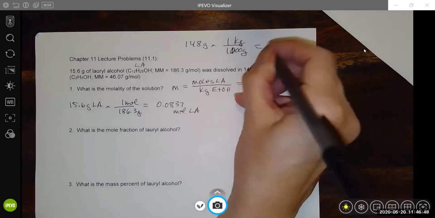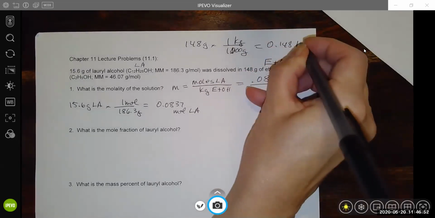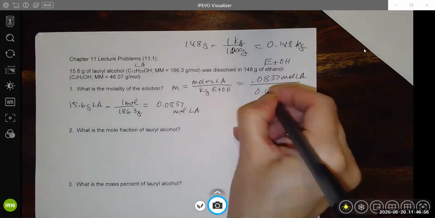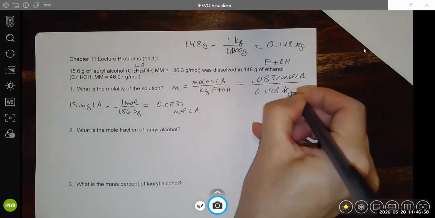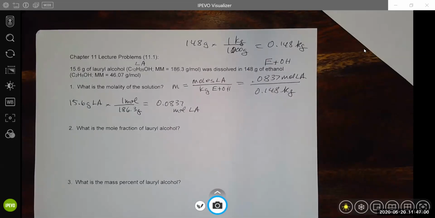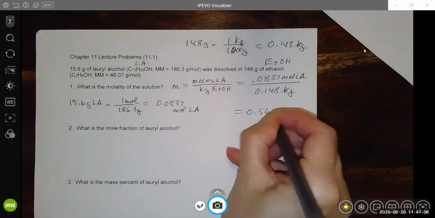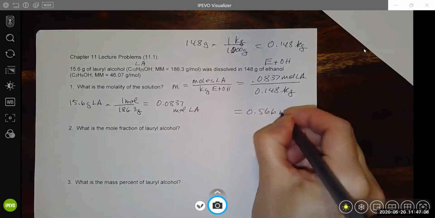And so 0.148 kilograms. So if I divide that 0.0837 by 0.148, I will get 0.566 little m.